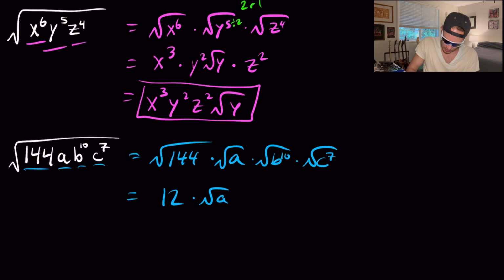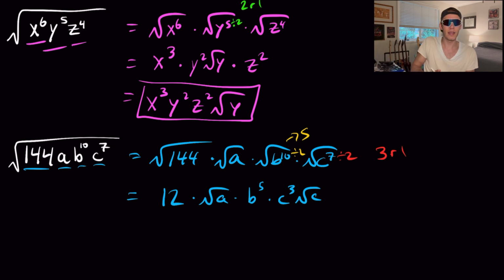The square root of b to the 10th, just divide that by 2, and you'll get 5. So that means this will be times b to the 5th. And then same thing here, 7 divided by 2, that's going to be 3 with the remainder of 1. So our answer there is going to be times c to the 3rd times the square root of c.